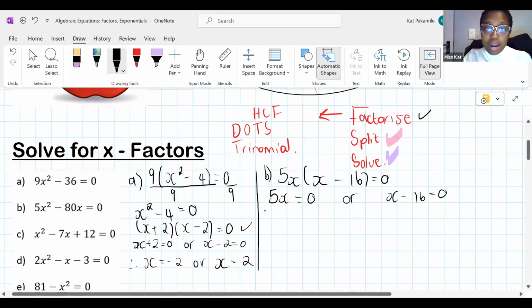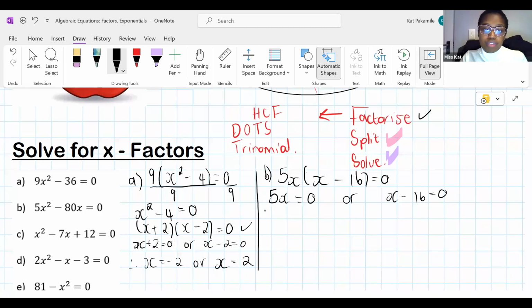So now you can get rid of this 5. How would you get rid of this 5? Ma'am, we're going to divide by 5. You can divide by 5 because you know it's a 5. Therefore, x is how much on the left? What's 0 divided by 5? It's 0, ma'am.